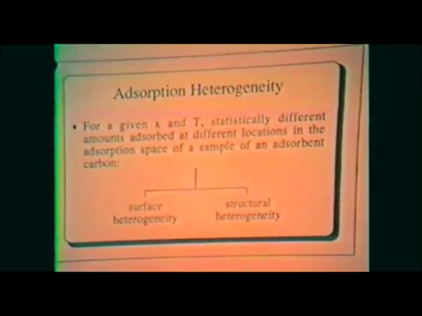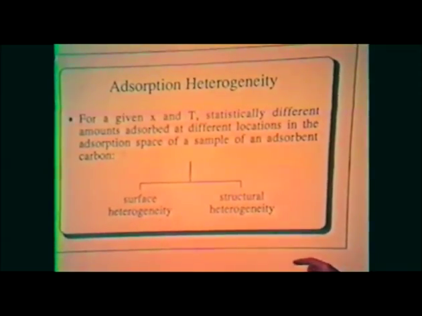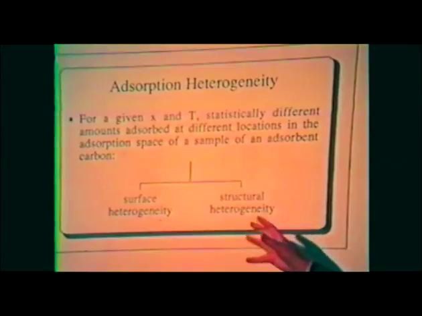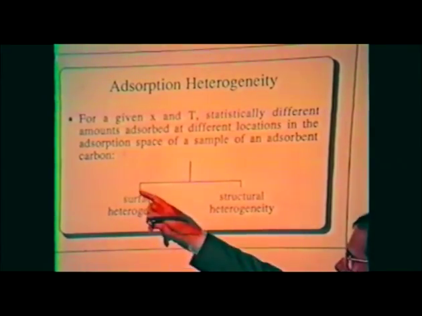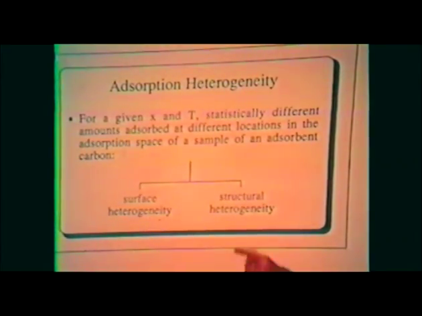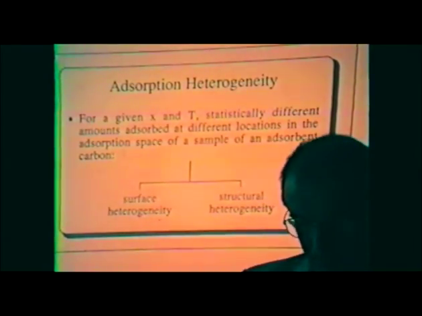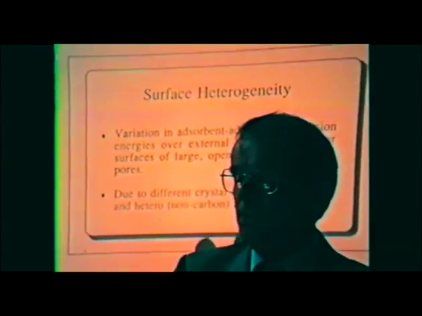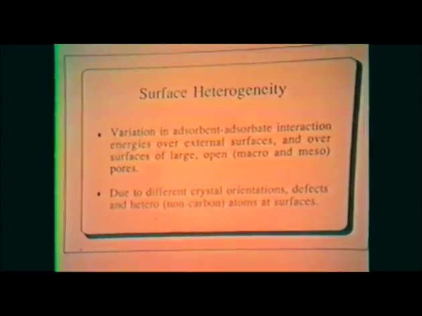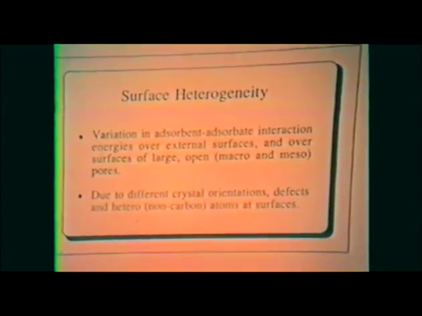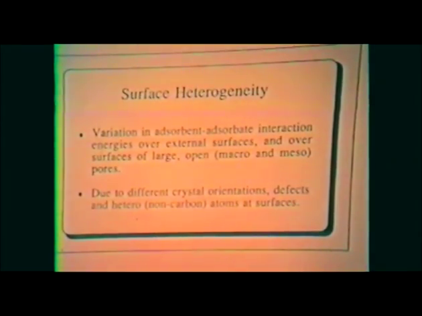When you consider this in the most general sense, you can break down adsorption heterogeneity into two broad classes. Heterogeneity arising from the surface and heterogeneity arising from the structure of the adsorbent. By surface heterogeneity, I mean obvious things like variations in the adsorbent interaction over the external surface and over the surfaces of large pores where the adsorption is fairly straightforward.